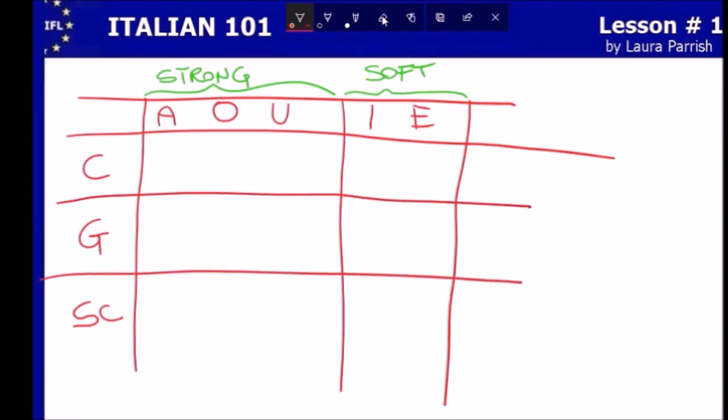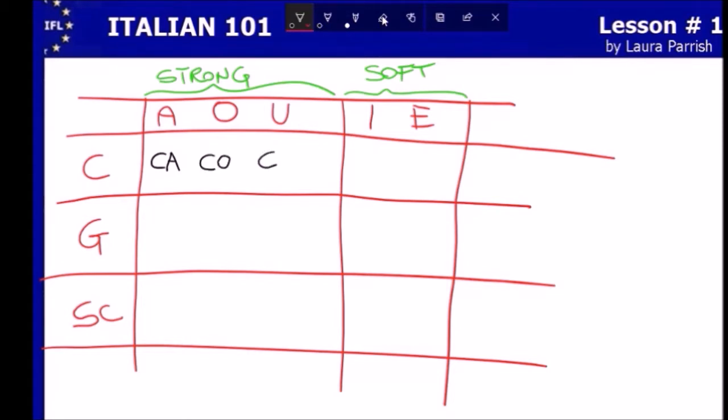Those sounds in Italian, only those three, change according to whether they are in front of strong or soft vowels. For example, this letter C in front of this vowel became K: ca, co, cu. For example, casa, cane.